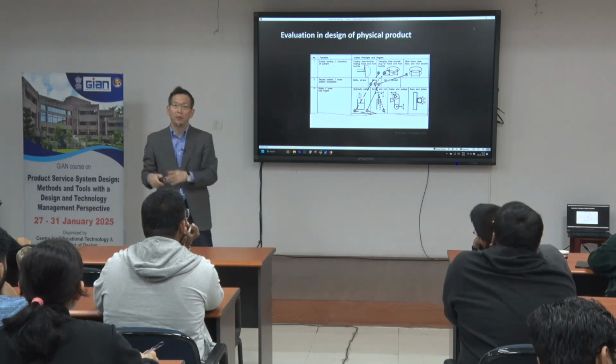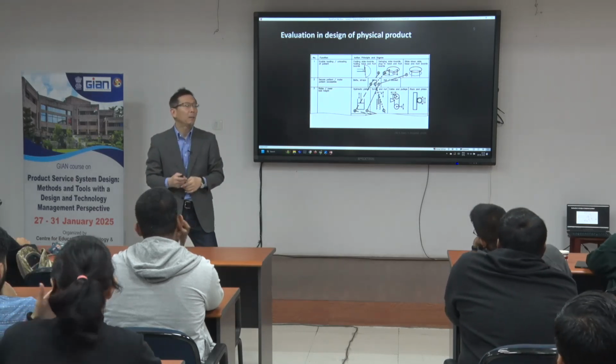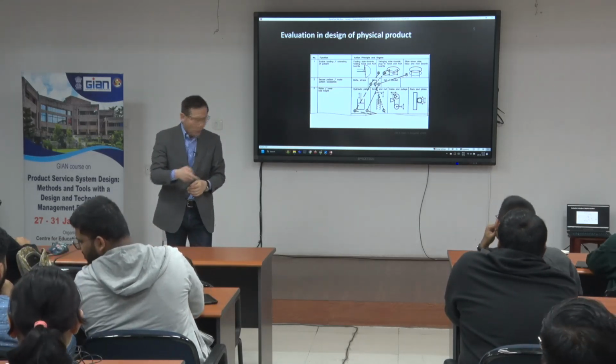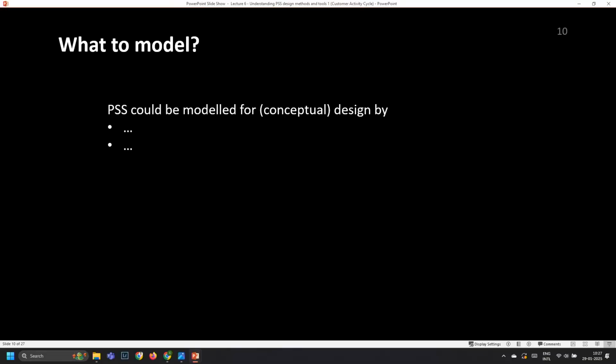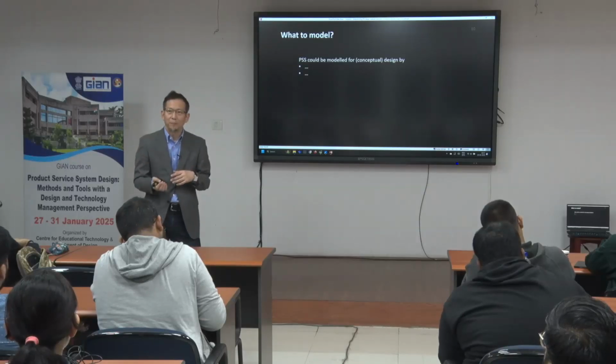And then you make combinations following Pahl and Beitz's thinking process. So now the question is, what are equivalent parameters in the context of PSS? When a PSS is being designed, what should be modeled? What should be described? What are the parameters for the PSS under question?